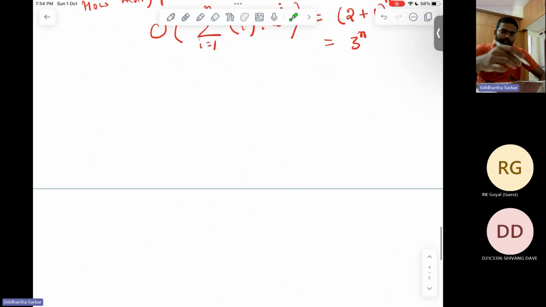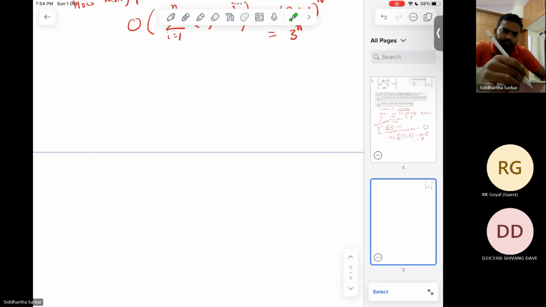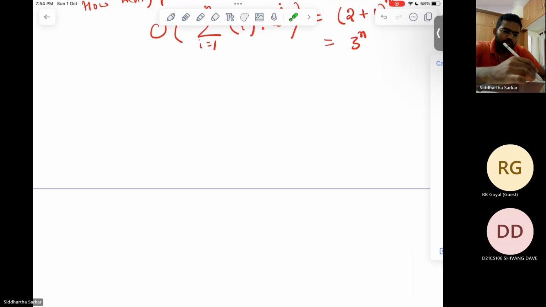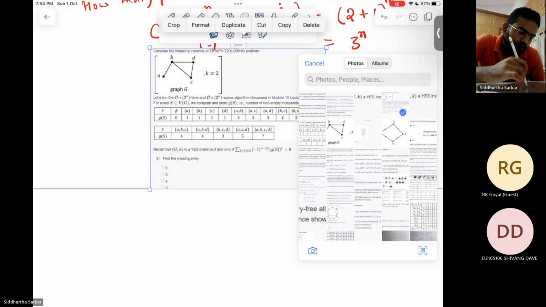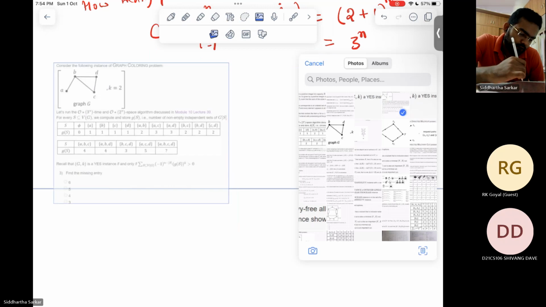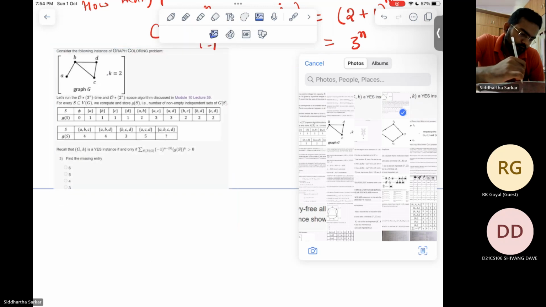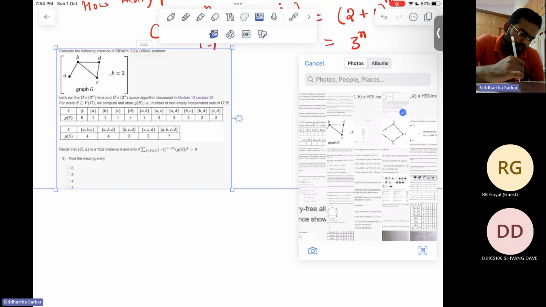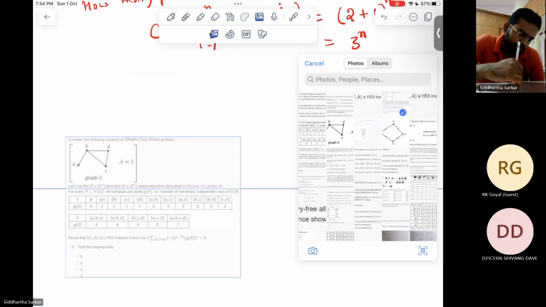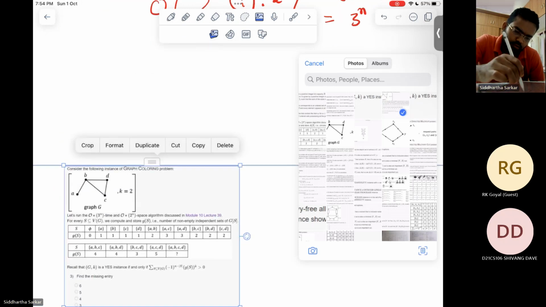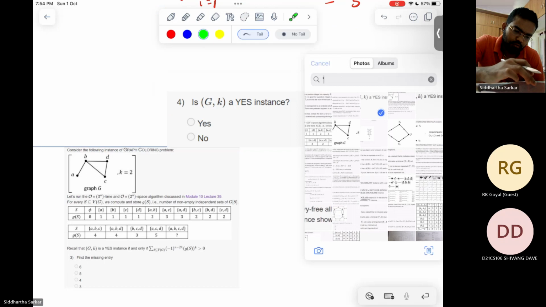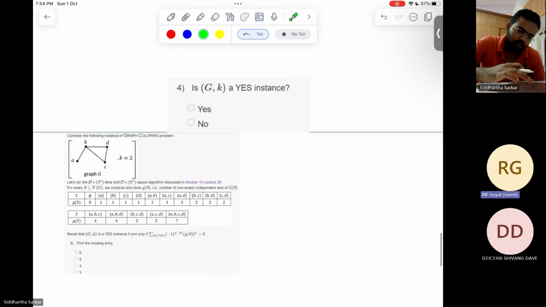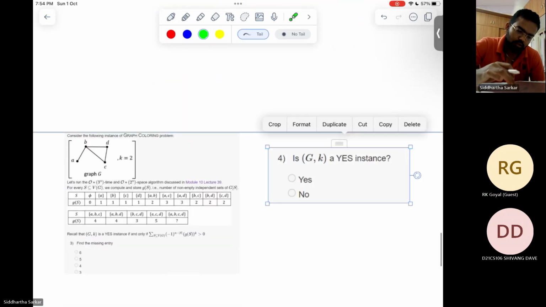Fine, let's look at the next question. This is a single question. First of all, we'll decide whether it is yes or no. This time we have to check only with two colors.